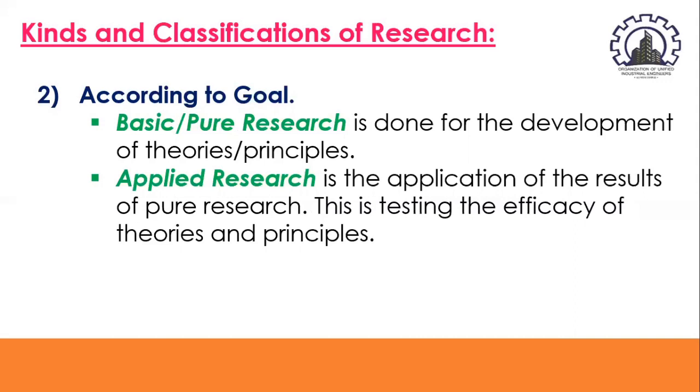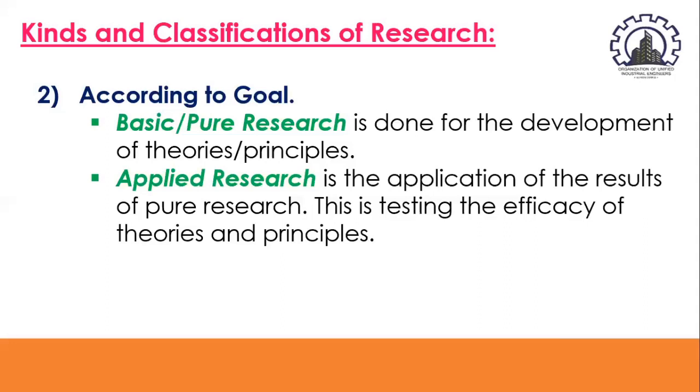On the other hand, applied research is the application of the results of pure research. This is testing the efficacy of theories and principles that we had applied in basic or pure research. For example, a principle says that praise reinforces learning.